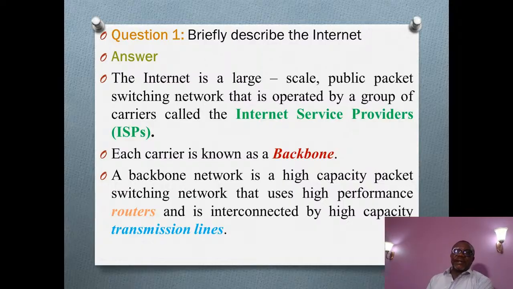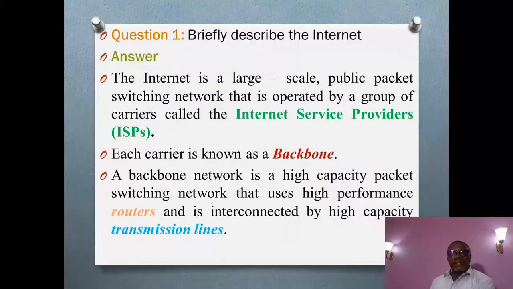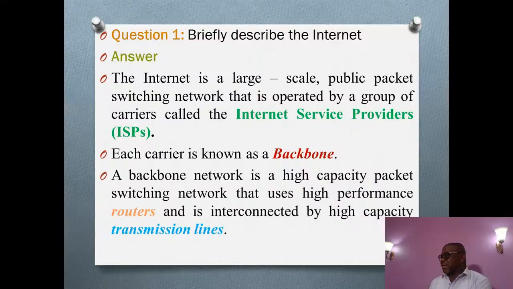Question 1. Briefly describe the internet. The answer is, the internet is a large-scale public packet switching network that is operated by a group of carriers called the Internet Service Providers, otherwise known as the ISPs. Each carrier is known as a backbone.